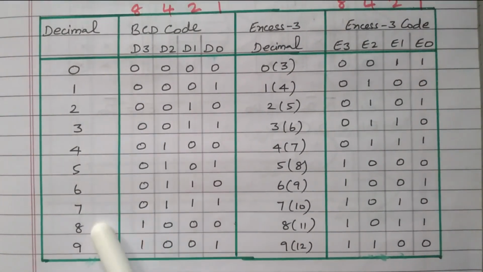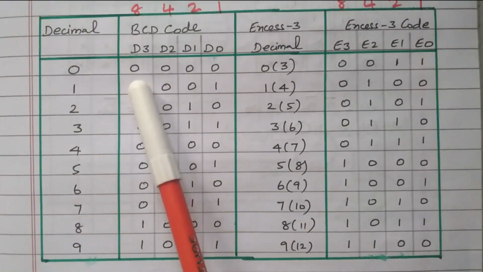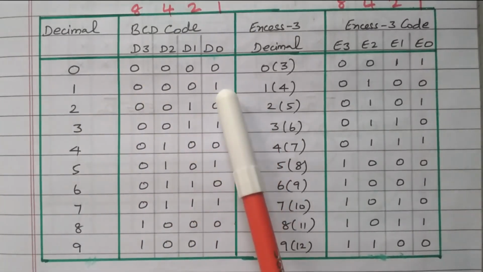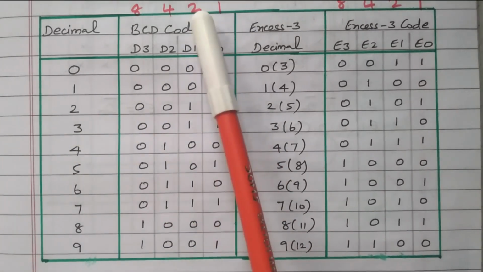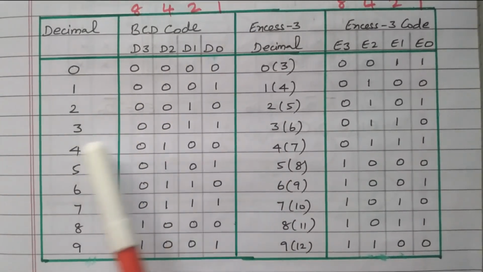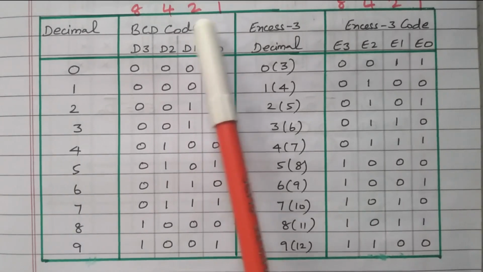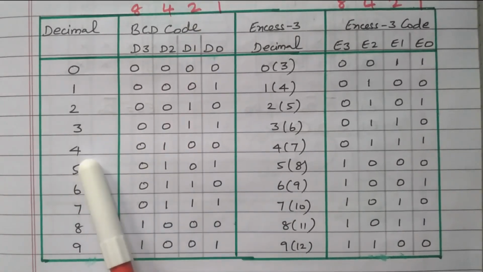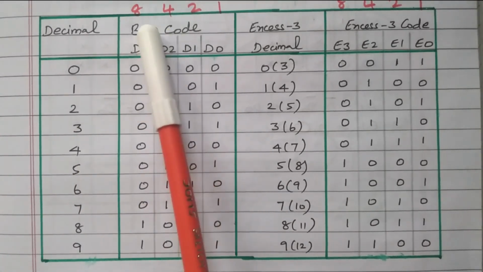First we will see the input, the decimal 0 to 9. Right. The 0 is represented 0, 0, 0, 0. 1 is represented, the last digit is 1. Right. 2 is represented by the second digit being 1. 3 is represented by second and first: 2 plus 1, 3. So that is 0, 0, 1, 1. 4 is represented by the third digit.